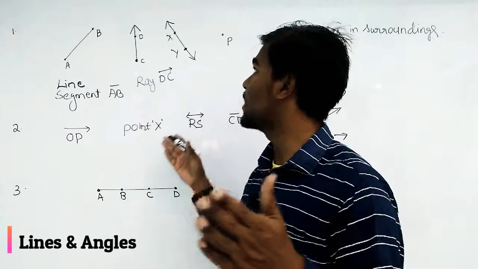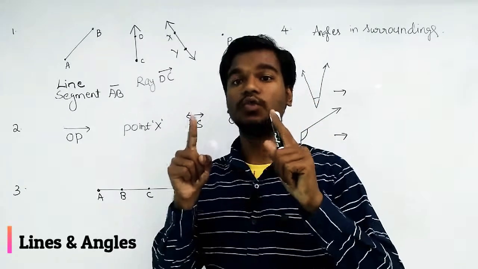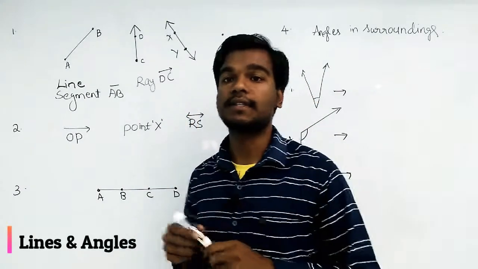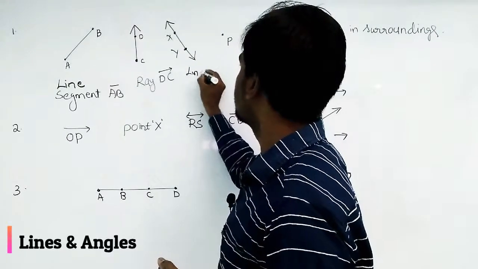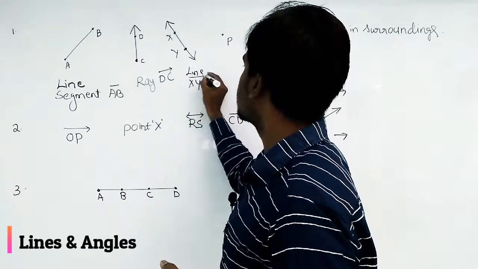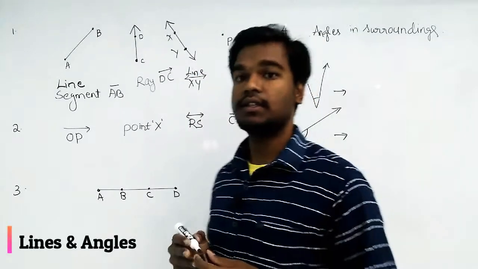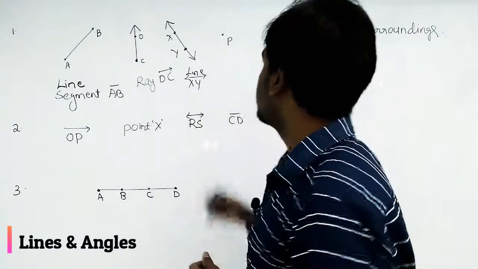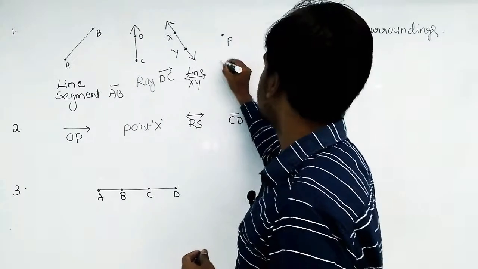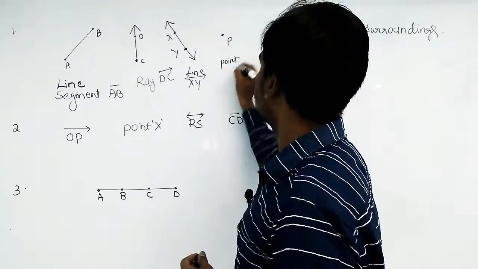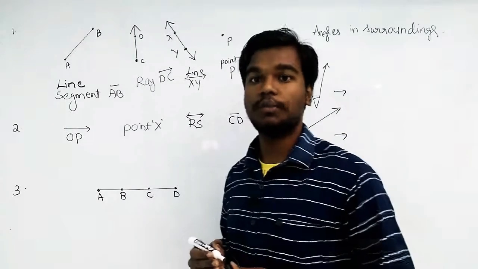It goes in two directions and is enclosed with arrow marks. So we call this line XY, and on that line there is a point P. We represent it like that.